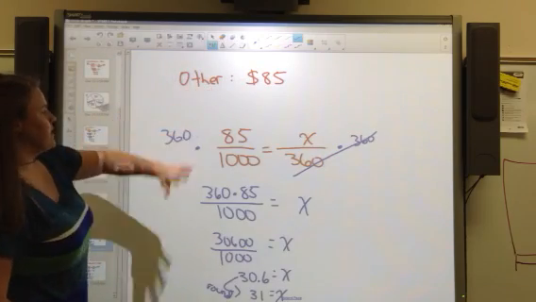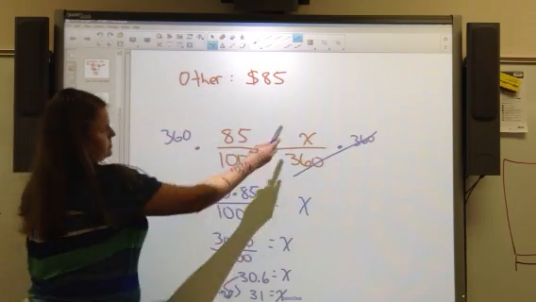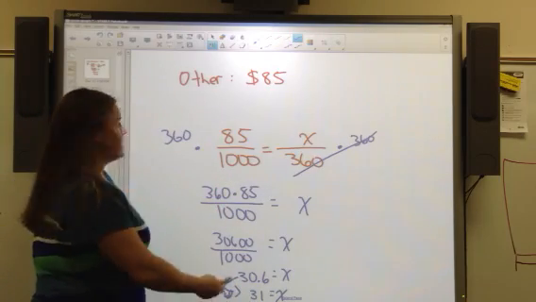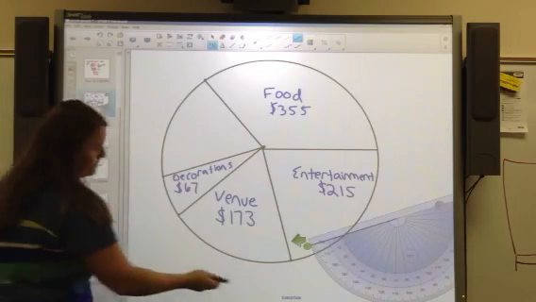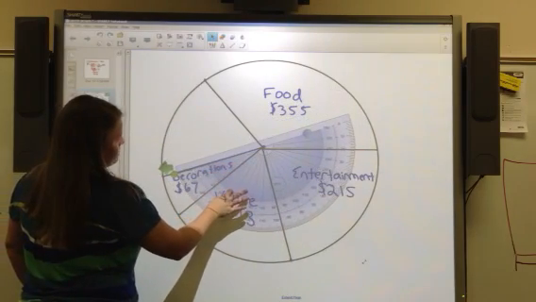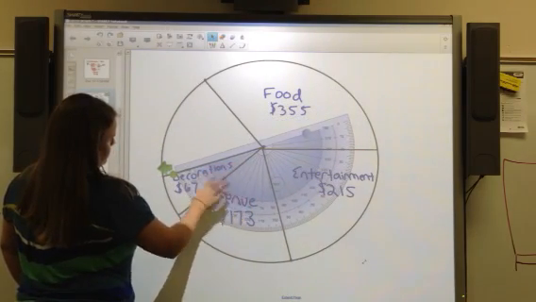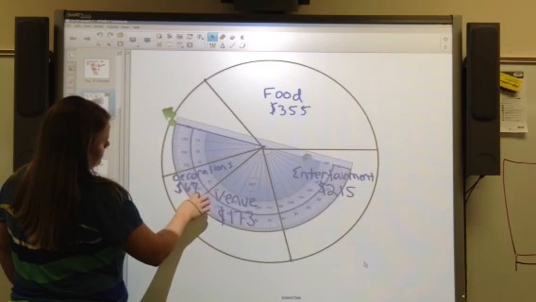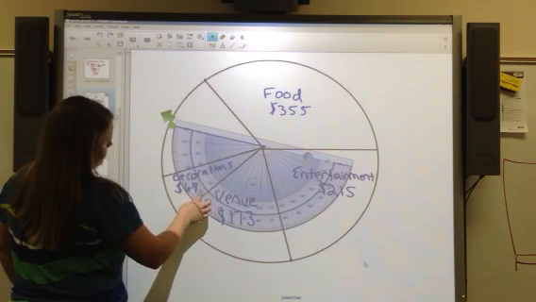So if we look at other, I've already done the math. It was 85 over 1,000. I isolate the variable, ends up being 31 degrees. So I'm going to go back to my circle graph, show 31. Again, by putting my, so 31 about right there.